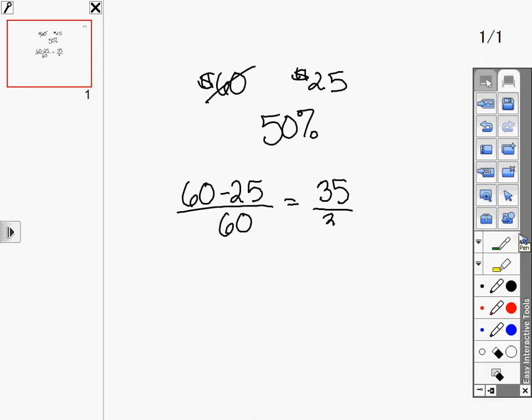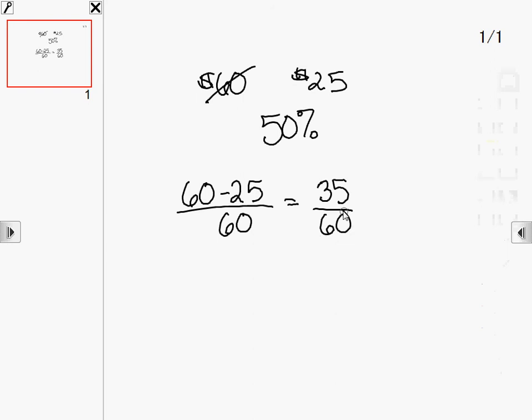So we know it wasn't 50% off. Well, what was it? What should it have been? James? I know it's less than 1, so I can comfortably start with a 0. What's the decimal? 0.58.